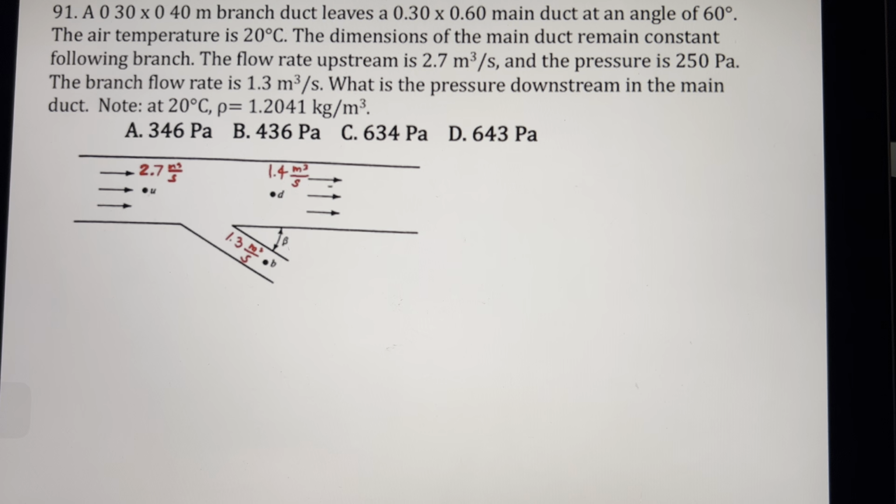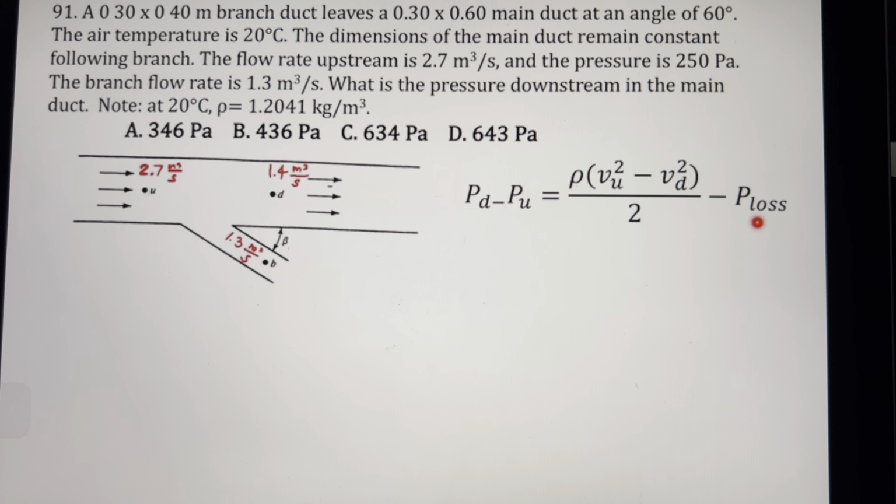So the question here is, what is the pressure at that point on the downstream in the main duct? Okay, so using the analysis of our conservation of energy, we have this formula. The difference of our downstream and upstream pressure is equivalent to density times upstream velocity squared minus downstream velocity squared over 2.